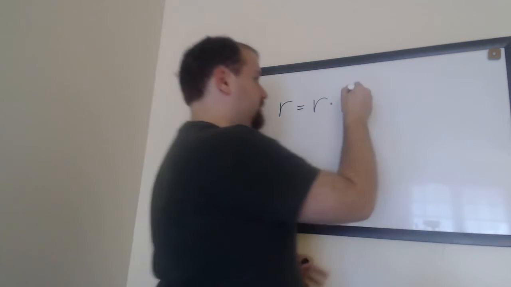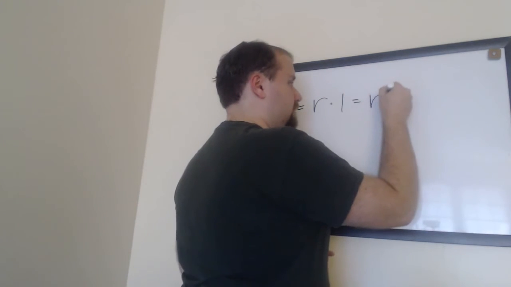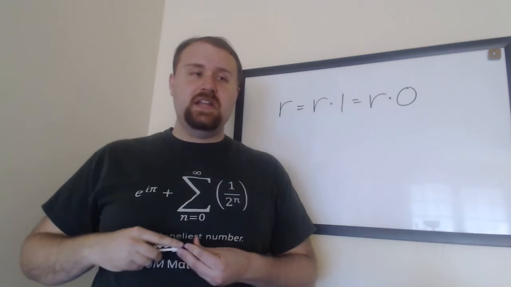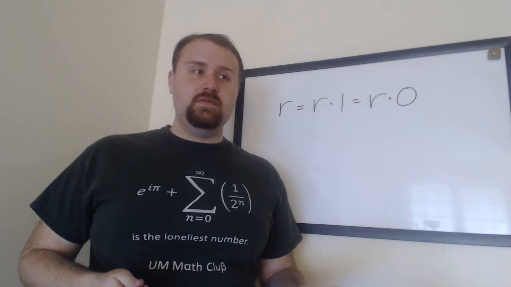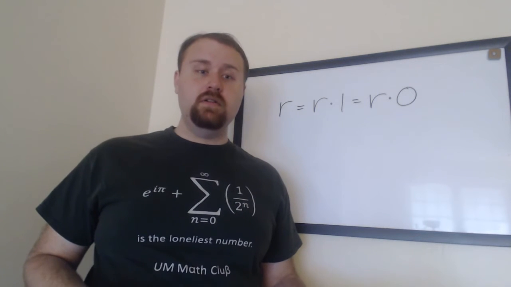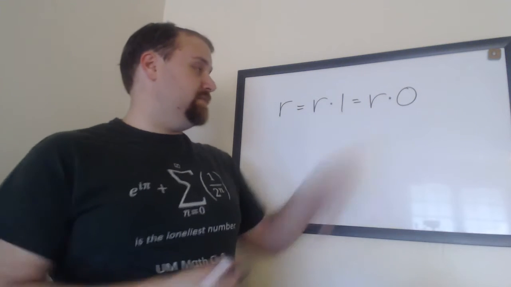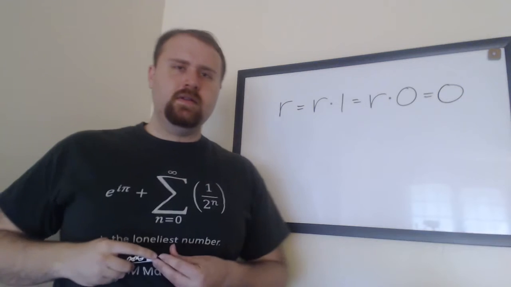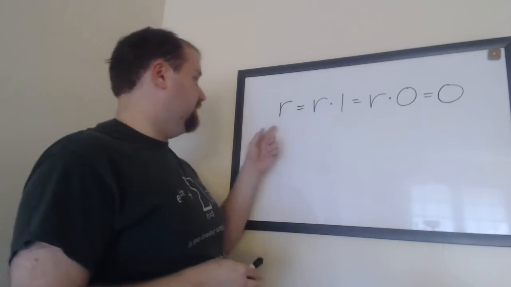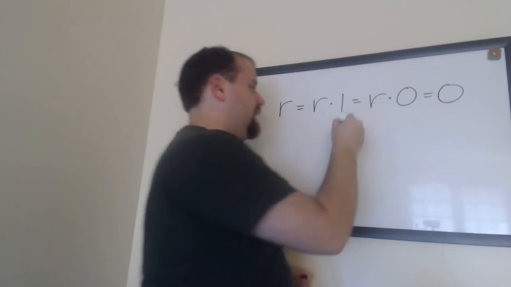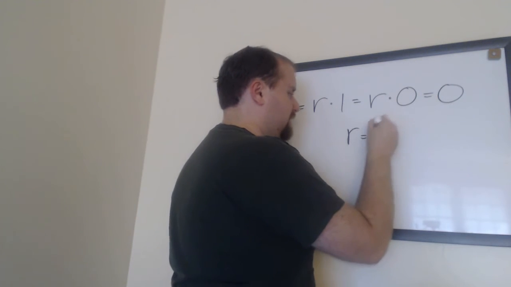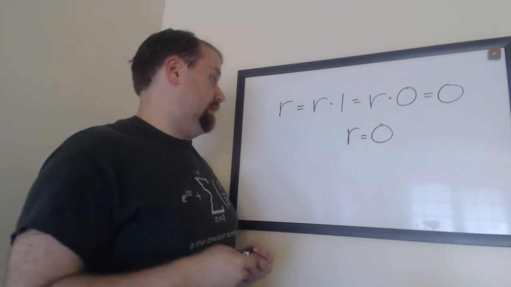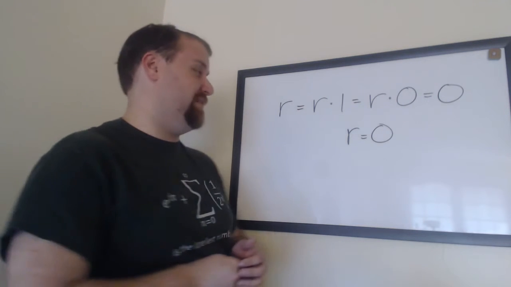So this should be the same as r times 0. But I also know that 0 times any number is 0, which means that this has to be equal to 0. So if I look down this chain, I realize that any real number has to be equal to 0. That's also a bit of a problem.